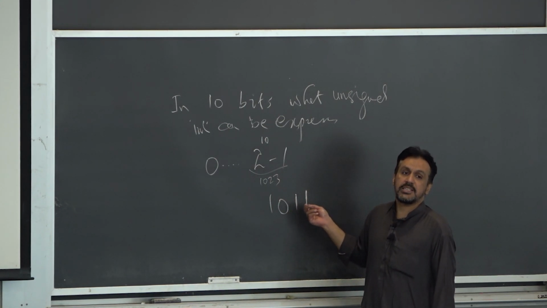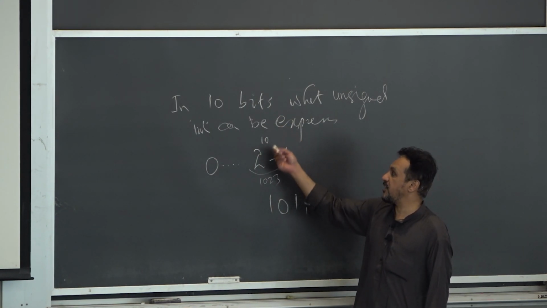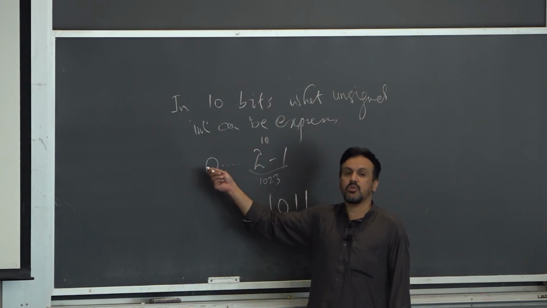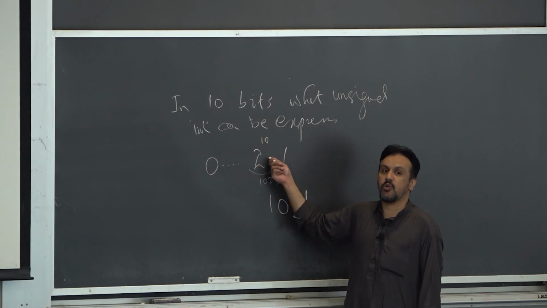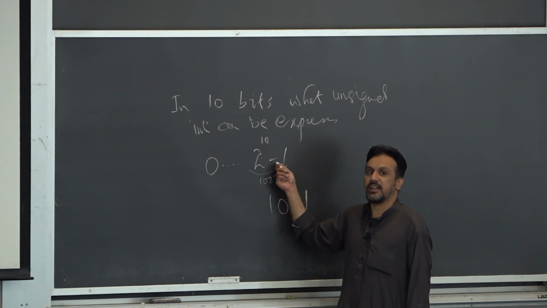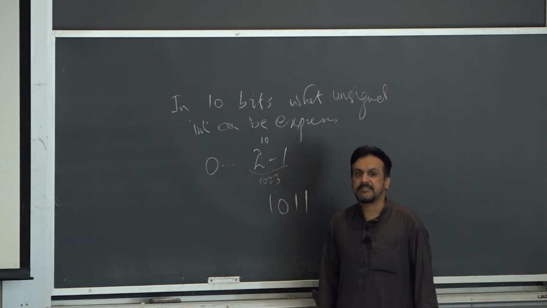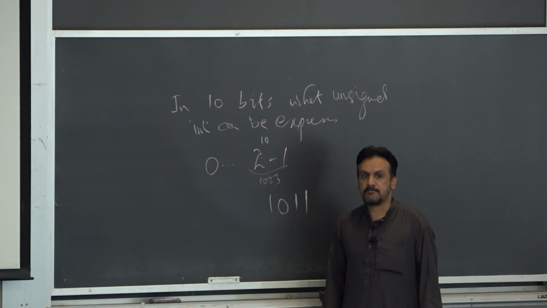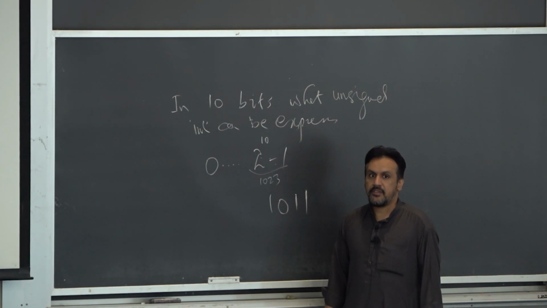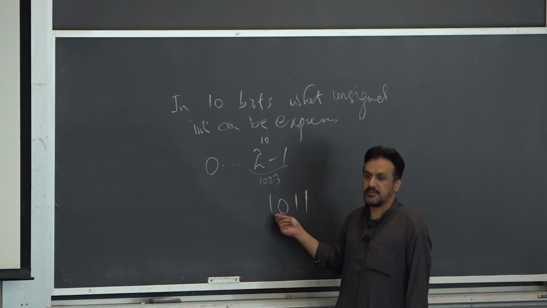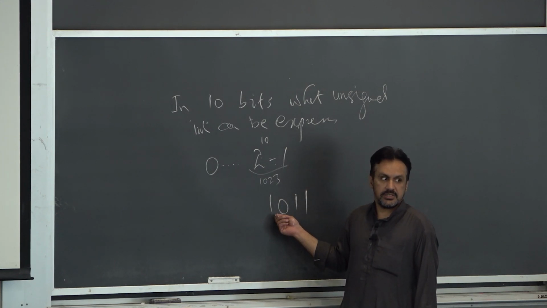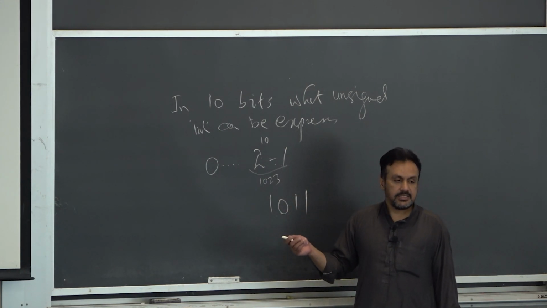Can you do it in 9 bits? This theorem says in 9 bits you can only do from 0 to 511, since 2 to the 9 minus 1 is 511. How many bits do you need? You need 10 bits. That 10 is this log.